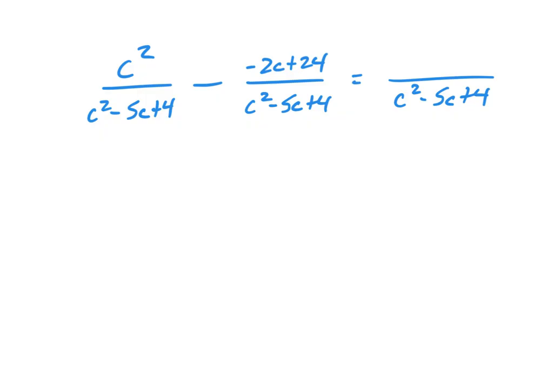But when I take this minus this, I'm going to put a parenthesis around this because this minus sign has to distribute to both of these. I'm taking c squared minus (negative 2c minus 24). We have to distribute that to both parts because both of those come after the minus sign.